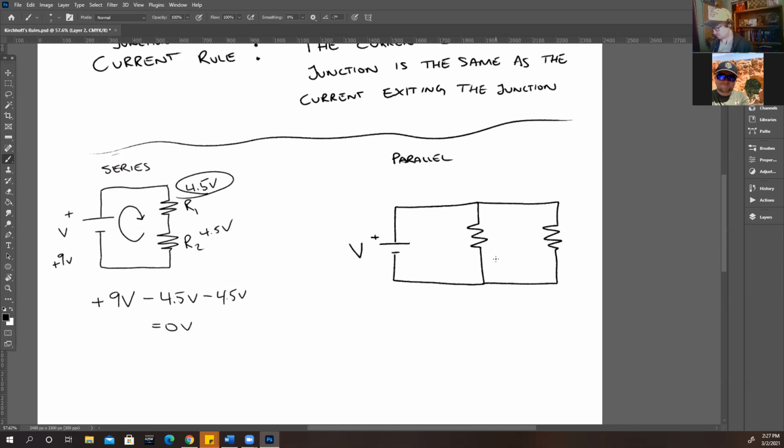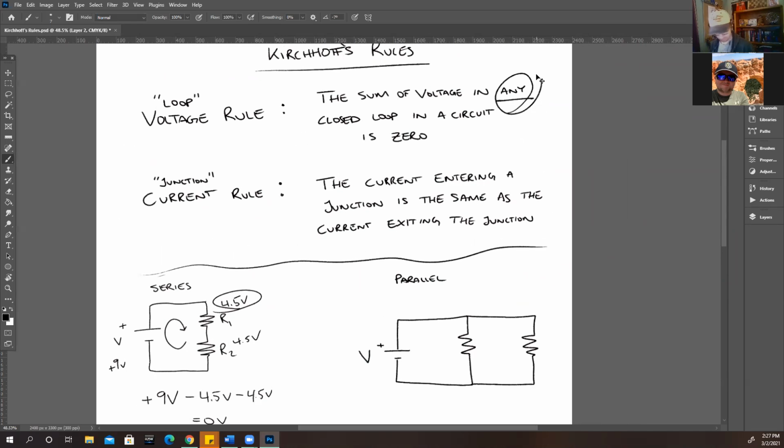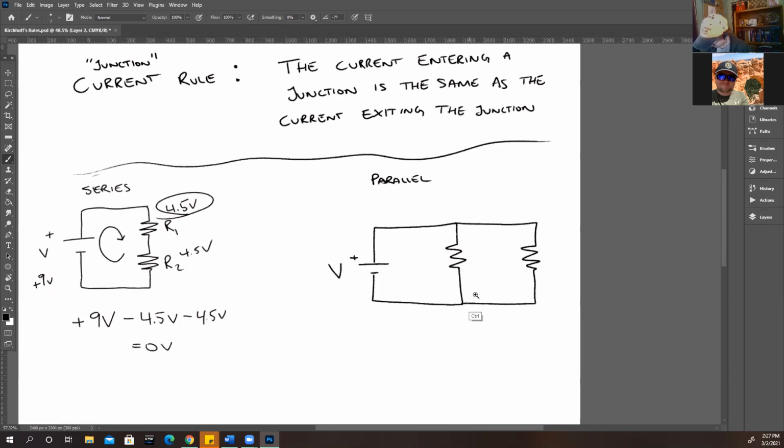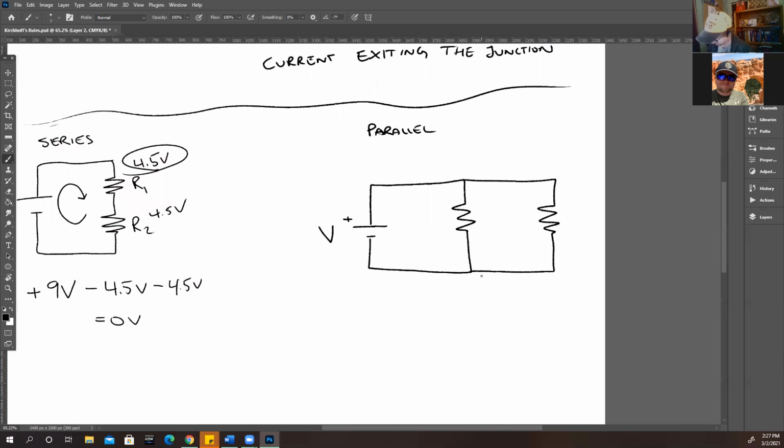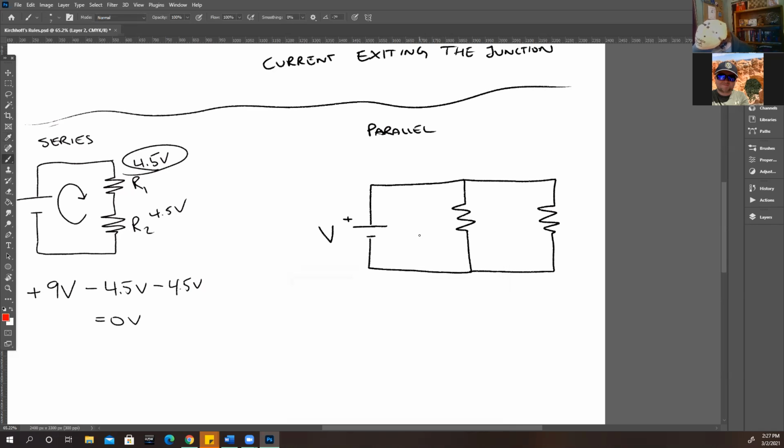So the sum of voltages within any closed loop. Let's find the loops that are available. So there's this loop right here. No, let me make it a different color. There's this loop right here. That's called loop 1. That's just what I'm going to call it.